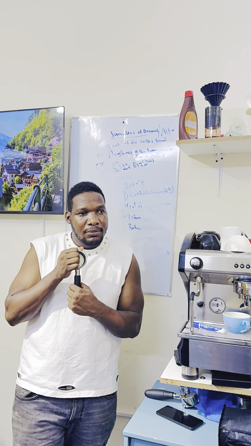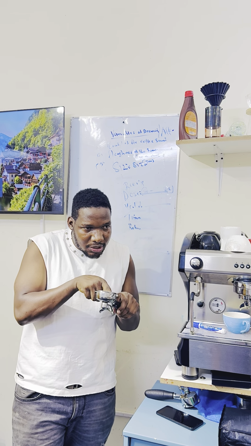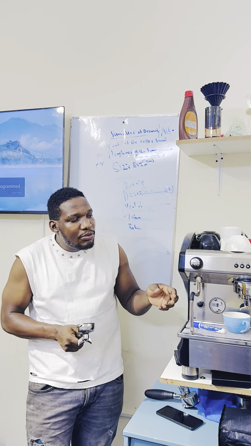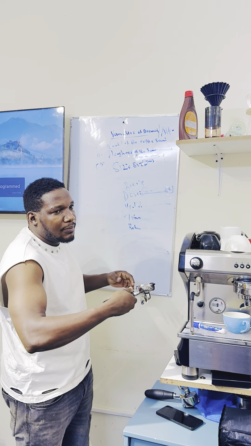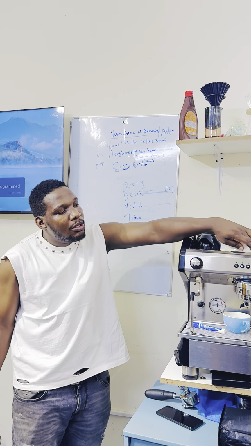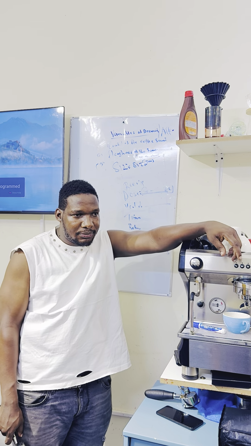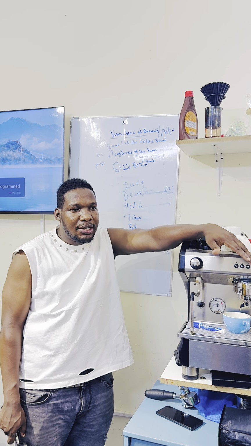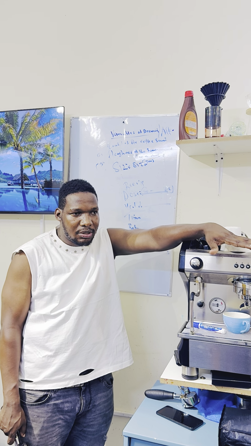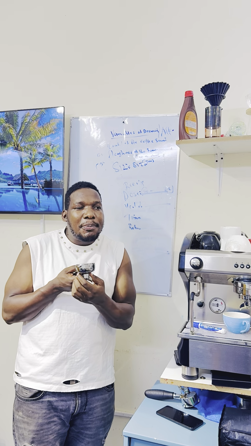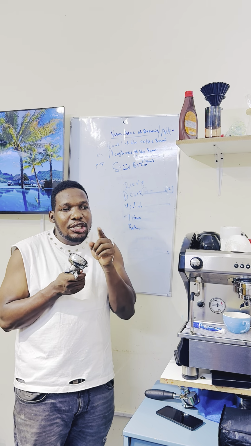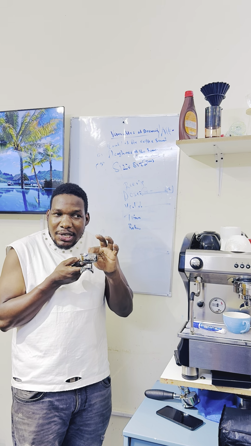Say you put in 20, then when you come to an espresso machine, you start the extraction, or press the button for the extraction to start. What you're going to get into your cup has to be twice of what you've just put in.